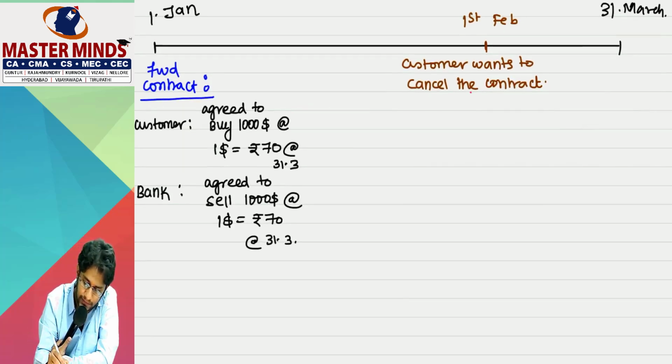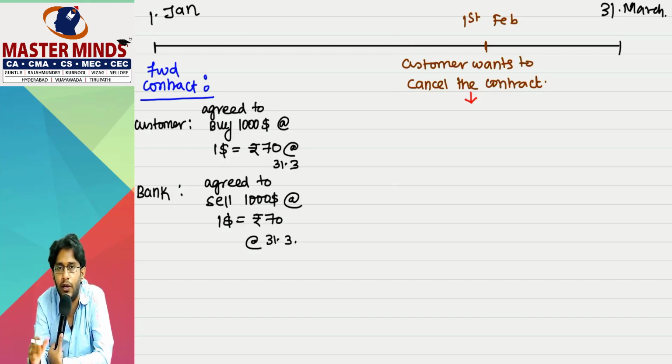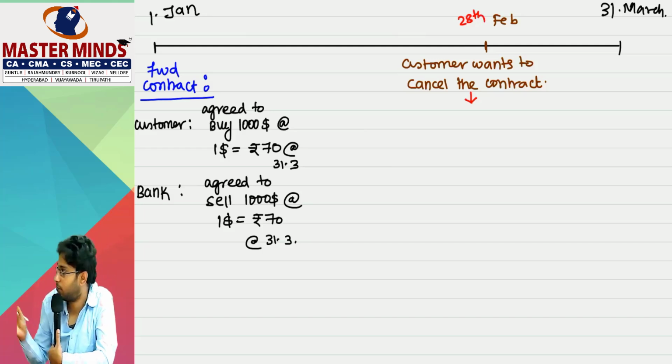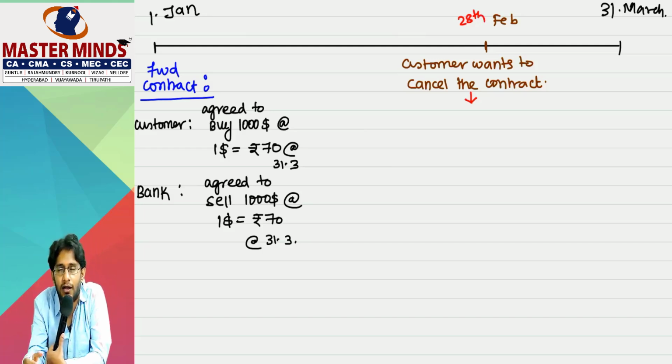It is not like you simply call the bank and tell him, sir, we both thought of executing a forward contract on 31st March, still 1 or 2 months time is there, but I cannot execute the contract. Bye bye, sorry for the inconvenience. That is not sufficient.